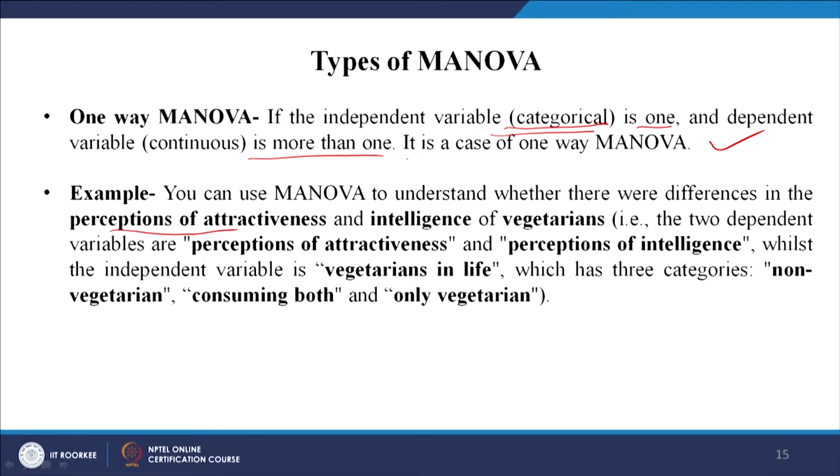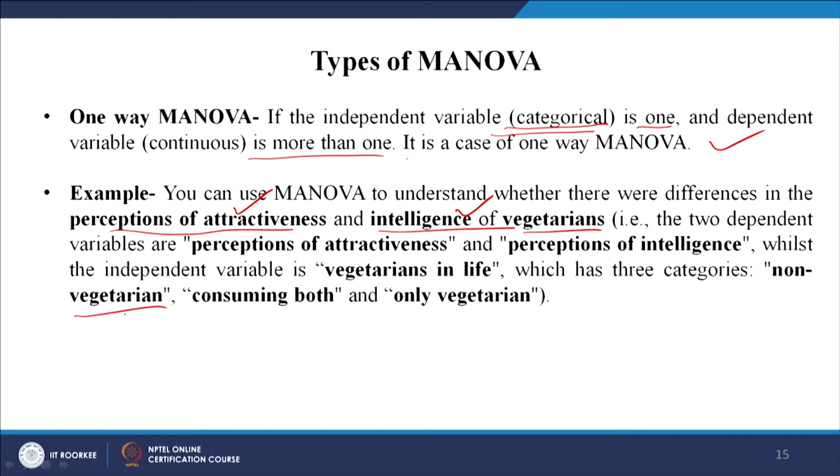You can use ANOVA to understand whether there were differences in the perception of attractiveness and intelligence of people who are vegetarians, right. That is, two dependent variables, perception of attractiveness and perception of intelligence, were measured, taking as independent variable whether the person is purely vegetarian or purely non-vegetarian or a combination of both, right.